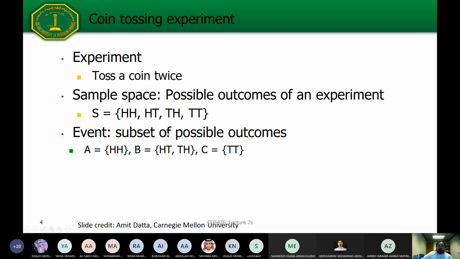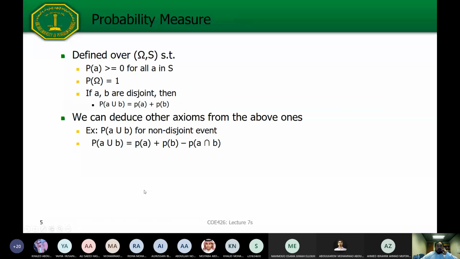The sample space of all possible outcomes of this experiment is either head-head, or head-tail, or tail-head, or tail-tail, right? One event could be just a subspace or a subset of the sample space.